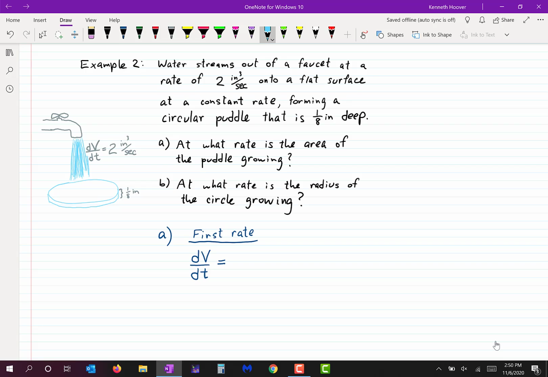All of that water is going into this cylinder, so that means the volume of the cylinder is growing at a rate of how much? 2 cubic inches per second, because that's how much volume is coming out of the faucet.